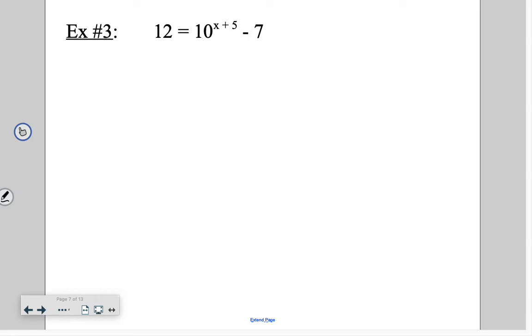Try this one. See what you can do on this one on your own. See what you come up with. This would be a calculator one eventually. You will need a calculator to get the final answer for this one. See what you can do.